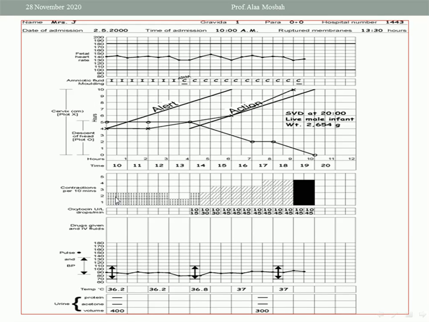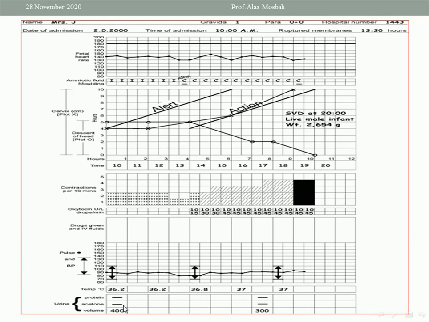As you see here, number of contractions per 10 minutes, and here are the maternal parameters, the pulse, blood pressure, temperature, and here the volume and character of the urine.